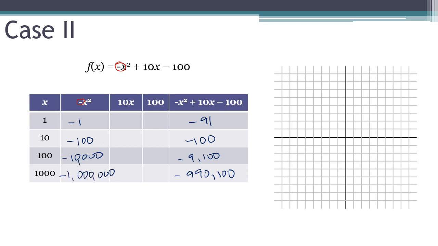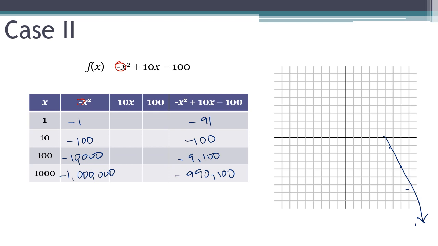So we're seeing the same behavior, right? This leading term is the one that is driving our final result, and now we're getting numbers that are negative and increasingly negative. So you see the end behavior of this thing.